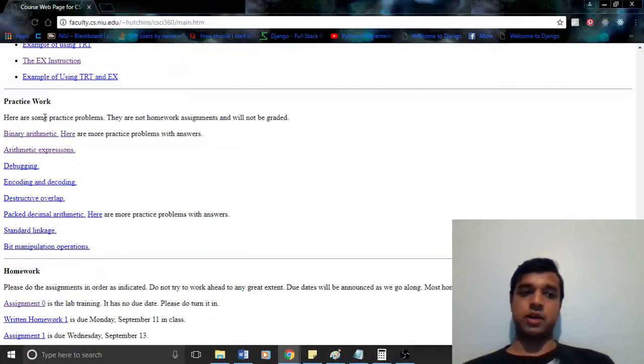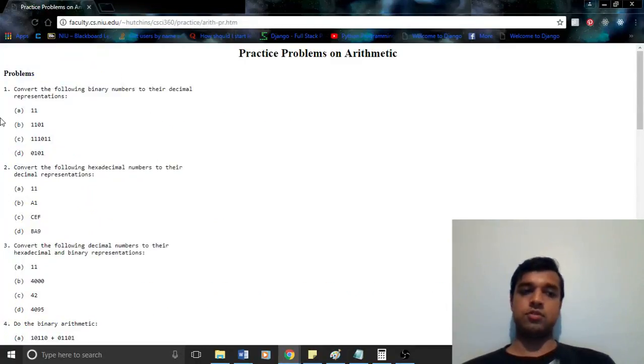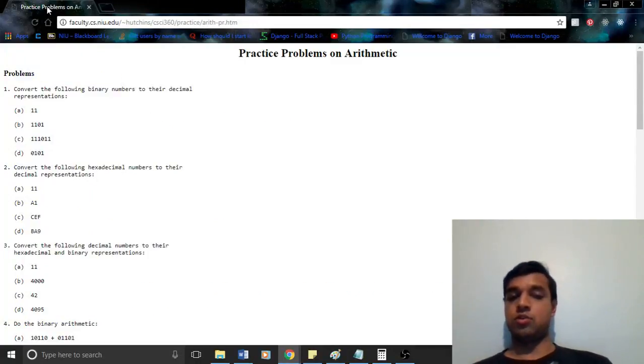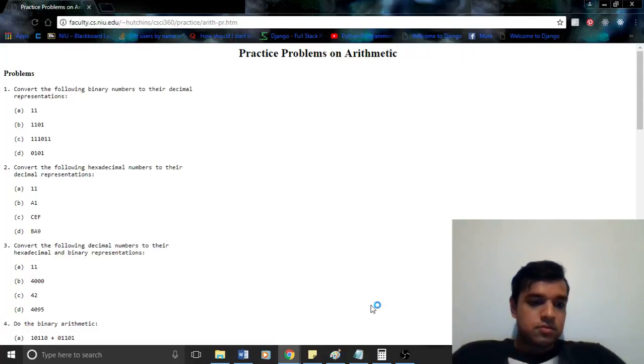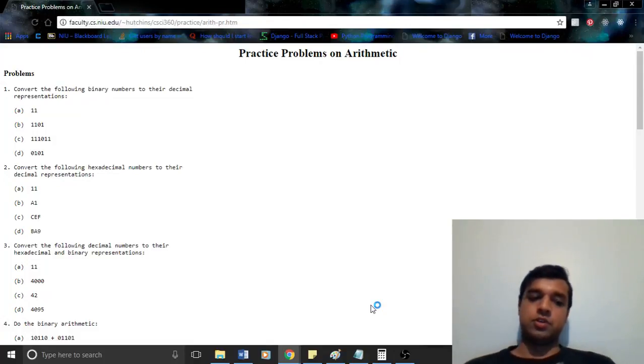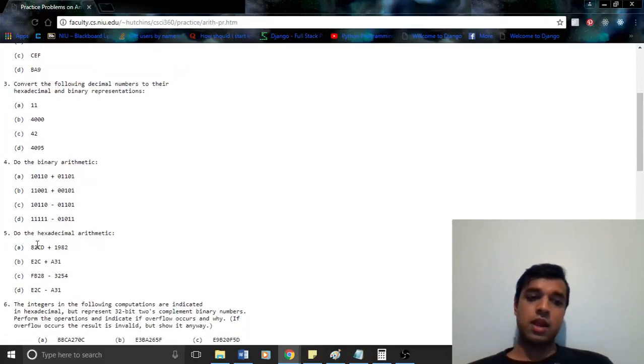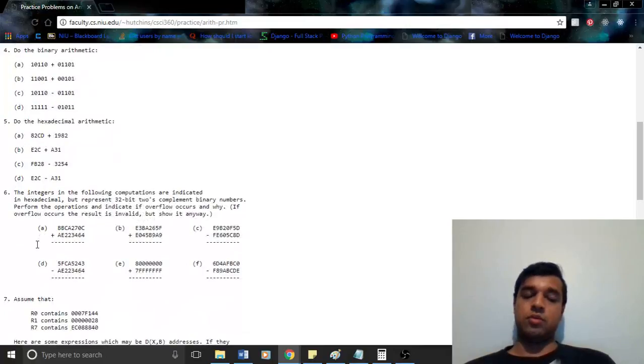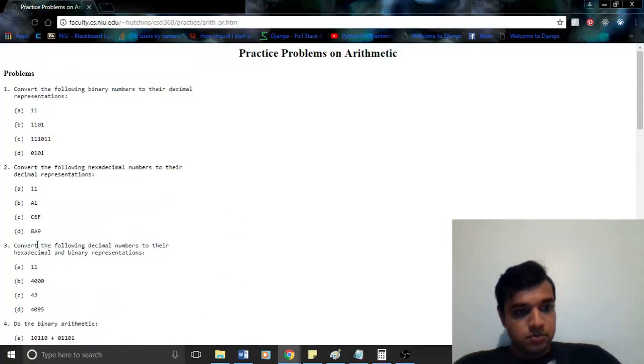If you go down to practice work, you click here, you click more, and here are some problems that you can work off of. I'm going to work off of a couple of problems. The most difficult problems are usually C and D. A and B seem fairly straightforward, but C and D are very difficult problems. I'm going to work with those problems with you.